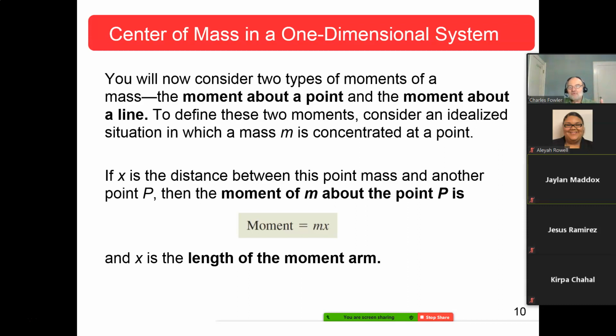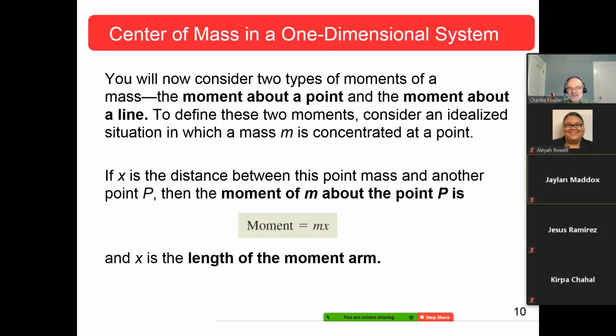To define these two moments, consider an idealized situation in which the mass is concentrated at one point. Say you have a blob here with so much mass in it. We're going to assume that mass is all at that single point, say in the center of the blob or somewhere in the blob. That's your assumption here. Idealized situation. All the mass is concentrated at one point.